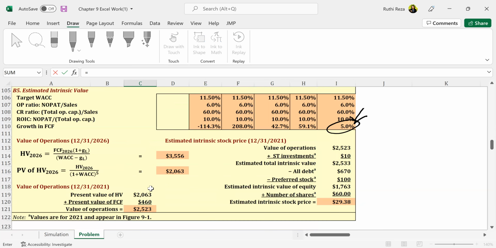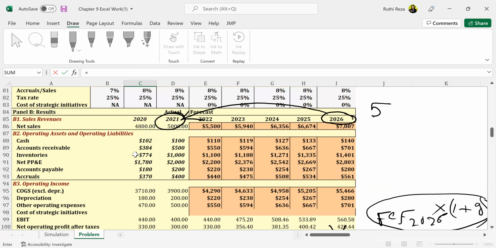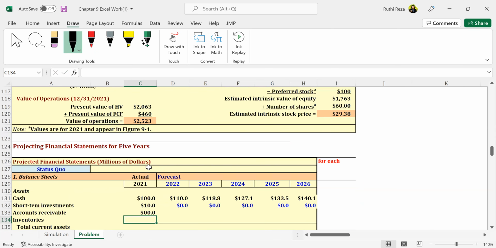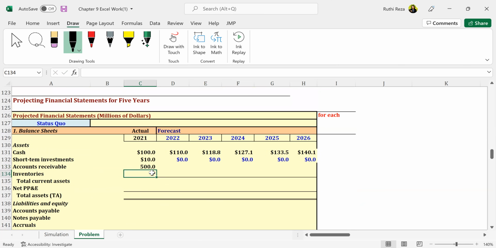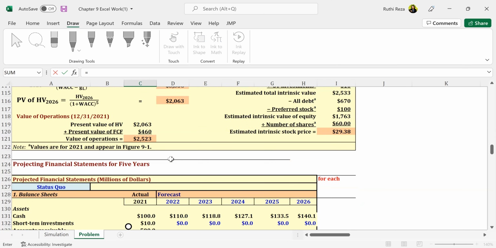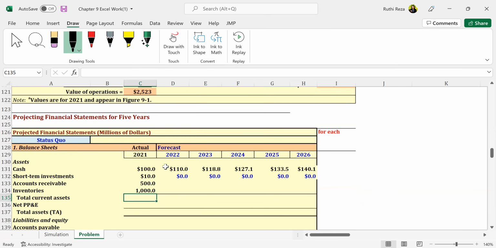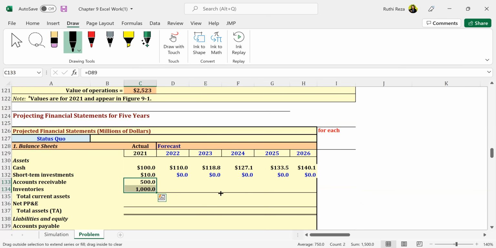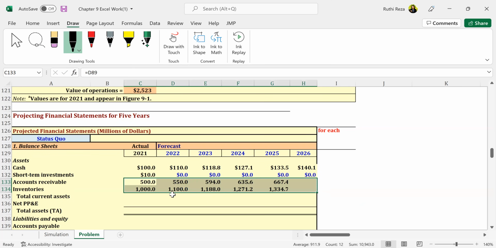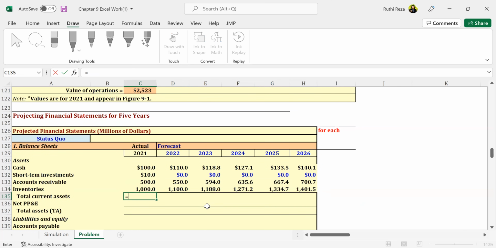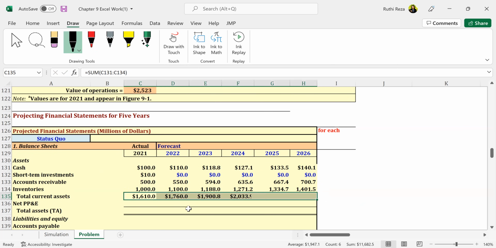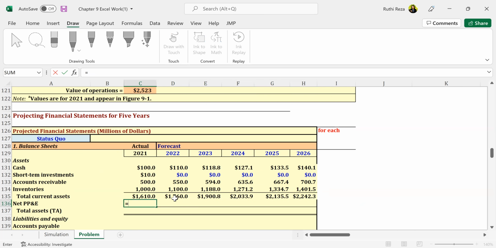Next, accounts receivables, then inventories, then calculate total current assets, then net PPE.